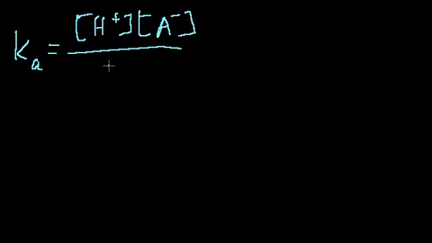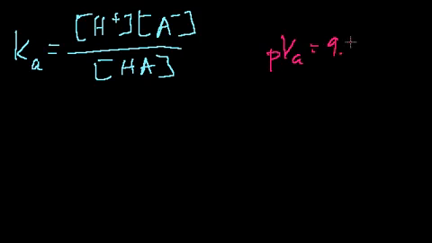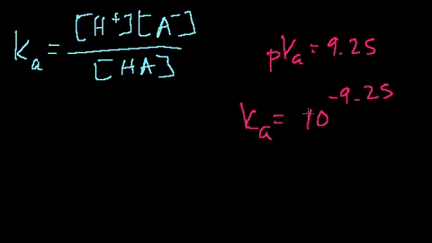So we know the equilibrium constant is equal to the concentration of hydrogen times the concentration of your conjugate base over the concentration of your weak acid. And the pKa, let's just do this for ammonium, the pKa for ammonium is 9.25. That means that the Ka for ammonium is 10 to the minus 9.25. You could just take the reverse log of both sides.